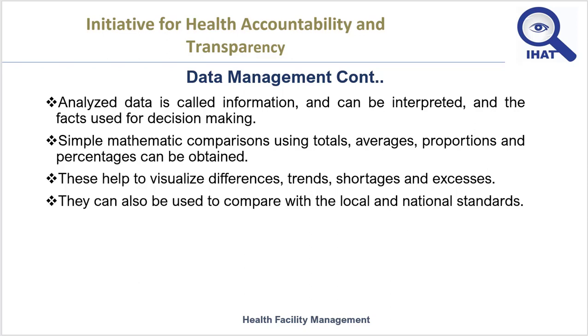Analyzed data is called information and can be interpreted and the facts used for decision making. Simple mathematical comparisons using totals, averages, proportions, and percentages can be obtained. These help to visualize differences, trends, shortages, and excesses. They can also be used to compare with local and international standards.